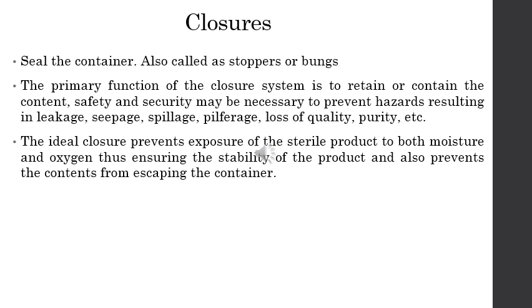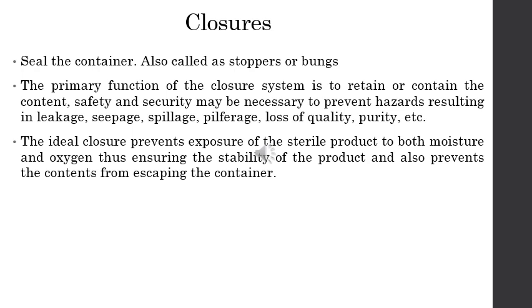Now we come to the second component of packaging, that is closure. So closure seals the container and hence it is also called stoppers or bungs. The primary function of a closure is to retain or contain the content, and with regards to safety and security, it is very important to prevent leakage, seepage, spillage and loss of quality and purity.